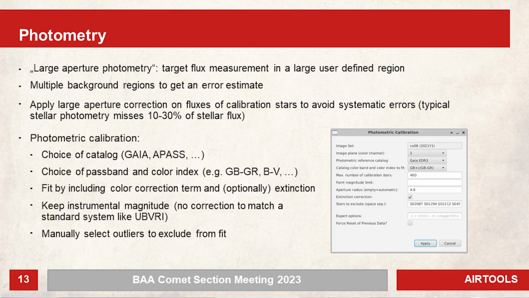Calibration part, to the right, there's a dialog where you can choose between different catalogs, so Gaia or APASS catalogs, for example. You have the choice of the appropriate passband, which best matches your instrumental setup, and a color index, because I'm including a color correction term in the calibrations, and optionally you can also include extinction correction.